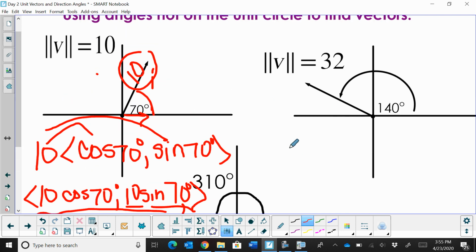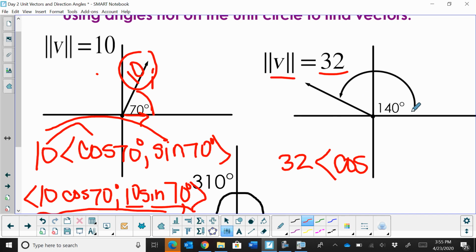This one has a magnitude of 32. So it's 32 times as large as the unit circle. It's 32 times that hypotenuse. So very simply, we're going to take the magnitude of 32 and multiply it times our horizontal direction, which is cosine of the angle.